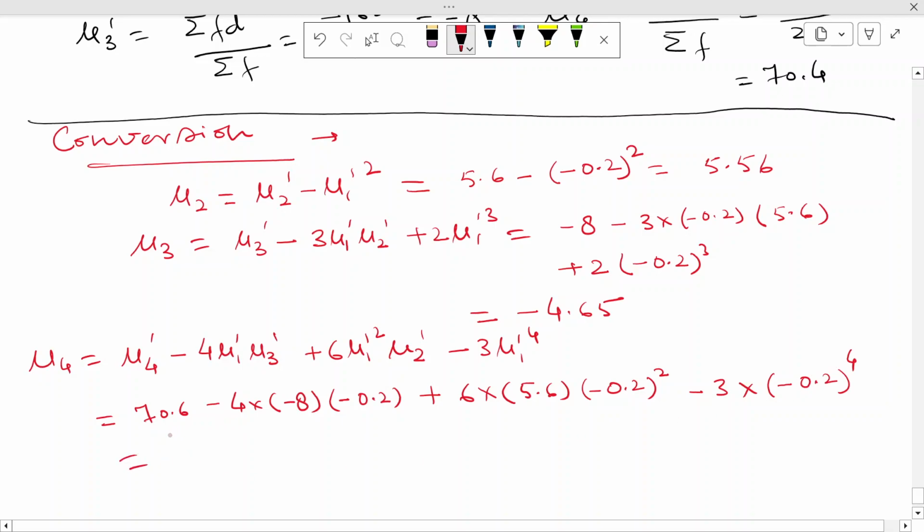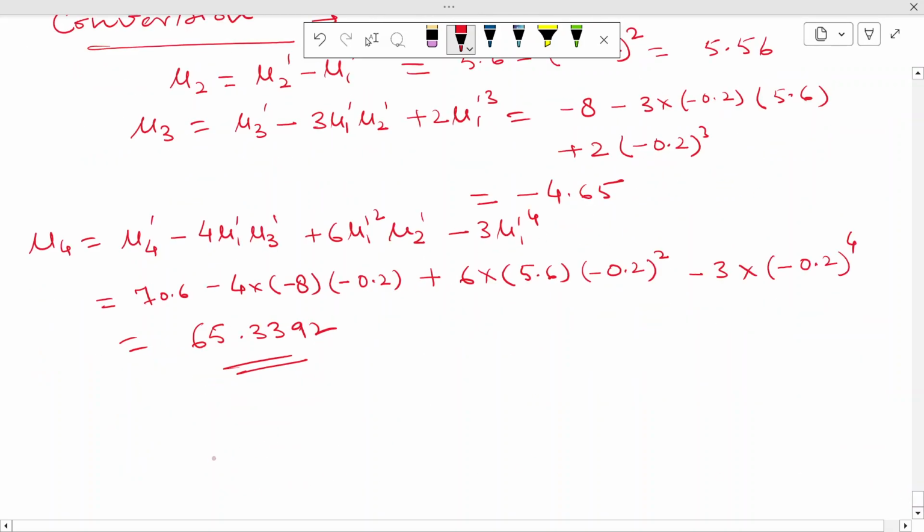So when you simplify all these values, this is coming out as 65.3392.